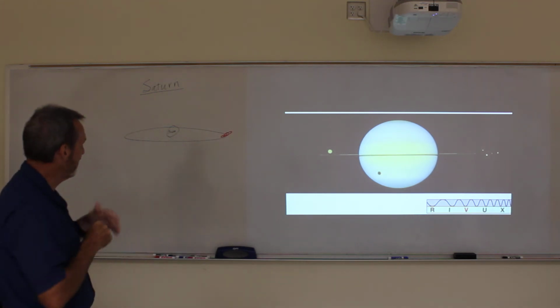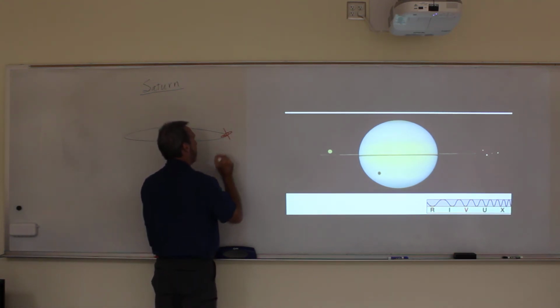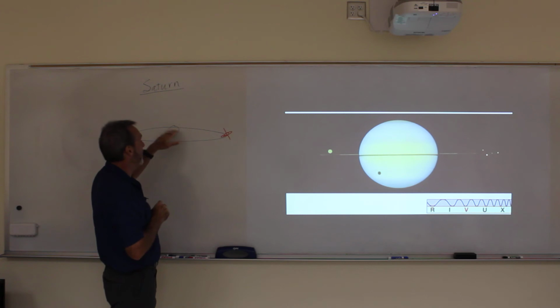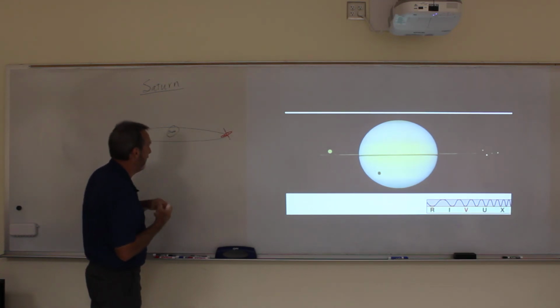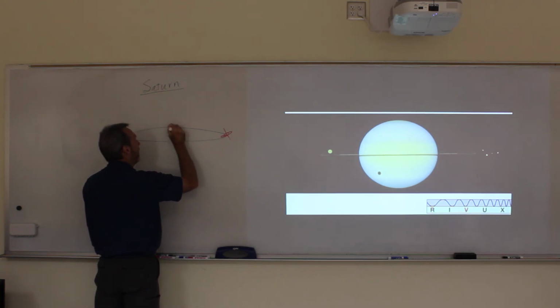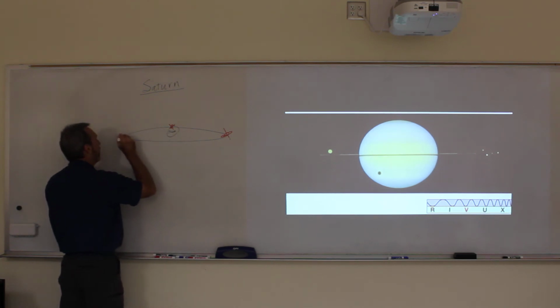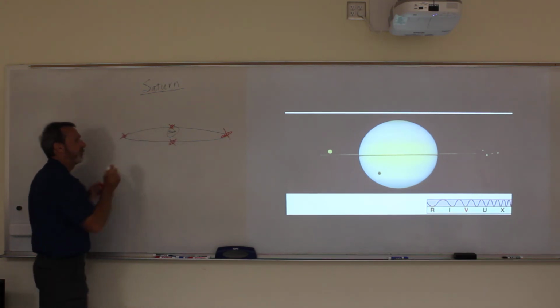And because of that tilt, its north pole is going this way and like this. When Saturn is on this side of its orbit, we see the top of the rings. But as Saturn orbits around, that tilt stays the same direction. So over here, the rings become exactly edge on. And when they're over here, we see the bottom of the rings, or the south side of the rings. And then it disappears again.